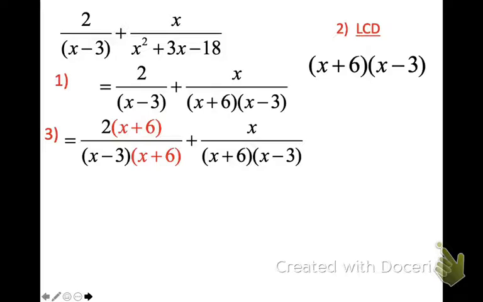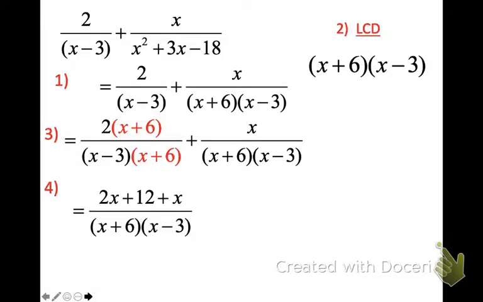Now I can't just add everything together like I did in a previous example because we have multiplication happening here. So I'm going to have to distribute the 2 to the x and the 6, and then I'm going to combine my like terms.